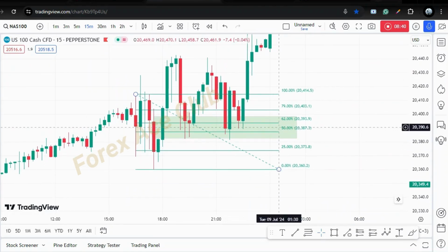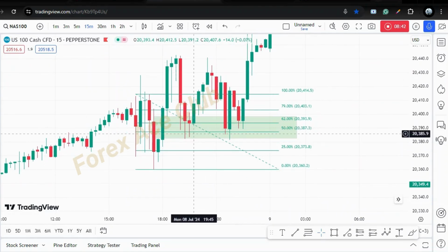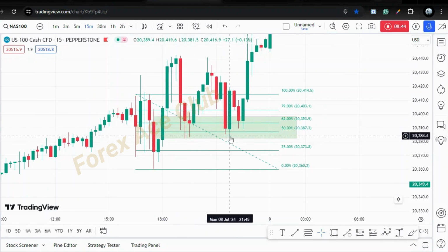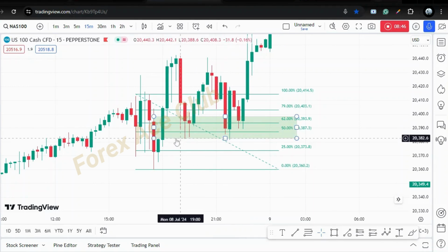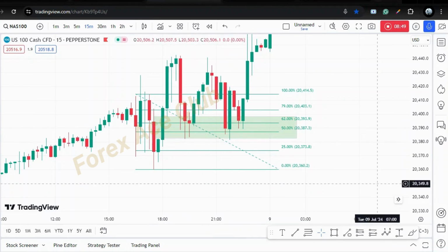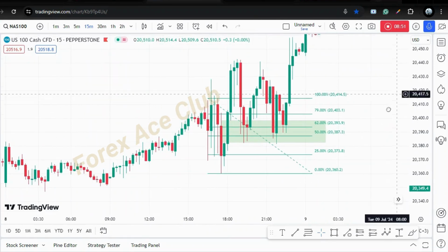The midpoint is 50%. The market did not close below it. It wicked a bit, just a bit. But for me, that was okay because it was tapping the low of the fair value gap. That's okay for me. So I was able to take an entry.